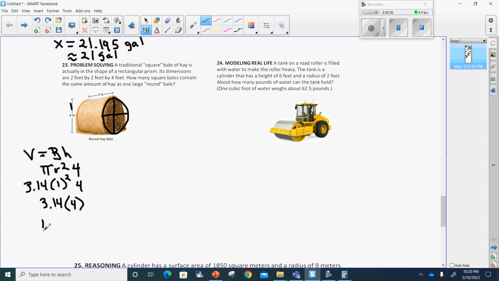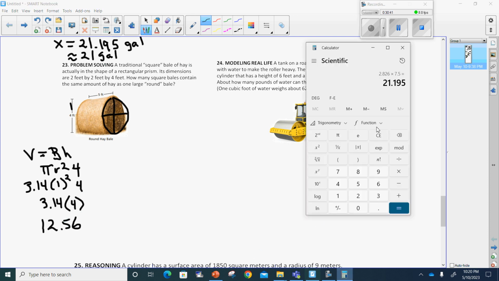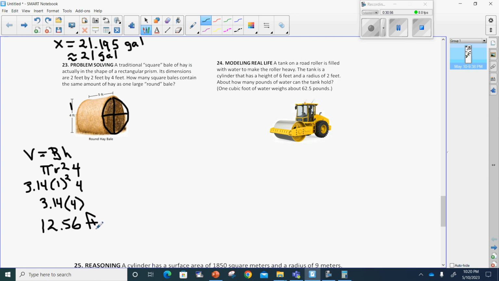I believe this is going to give us 12 point, let's say 56. Double check here. 3.14 times 4. Yes, 12.56. So that's going to be feet cubed.